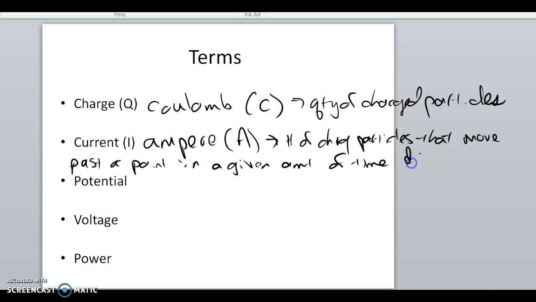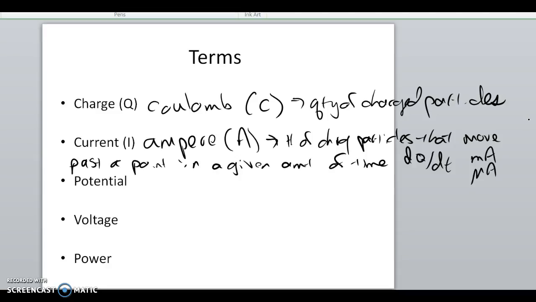This is dq, or our charge, dt. Usually we measure this in milliamps or microamps. If you have a full amp, that's a lot.